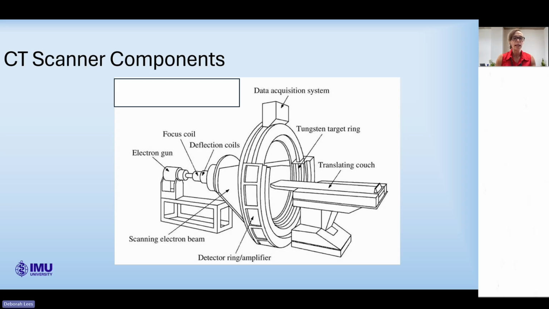And then this is your scanning electron beam that comes through here. So essentially, this is the donut that we talk about, and the couch goes in and out. It looks very similar to an MRI scanner on the outside. The difference is that this is ionizing radiation compared to the MRI scanner, which is based on hydrogen atoms.